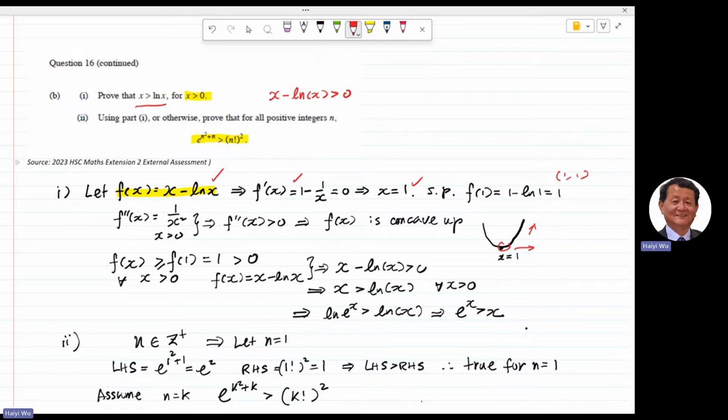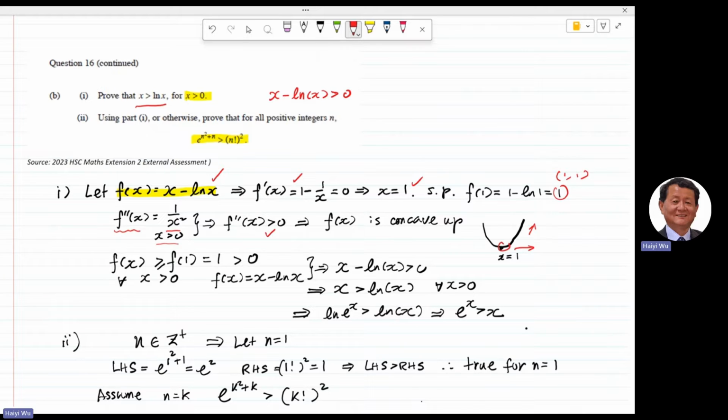So how do we do that? Let's differentiate again. A stationary point means this is the minimum, but we need to prove that it's a minimum. The second derivative is x to the power of -2, which is 1 over x squared. Now, when x is positive, the second derivative is always positive.